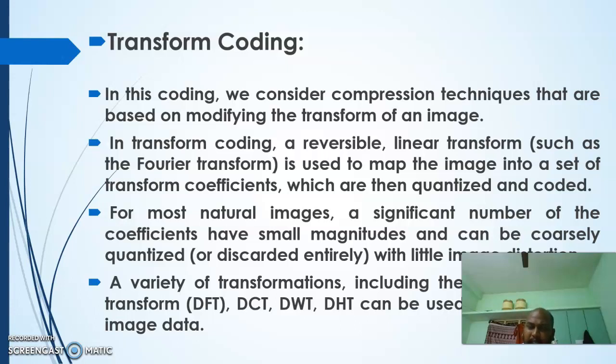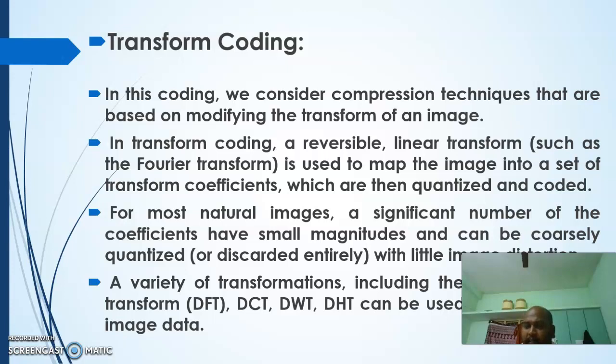So what is the scenario here? The image will normally be in the spatial domain, which is transformed to the frequency domain, and then the corresponding analysis is carried out.